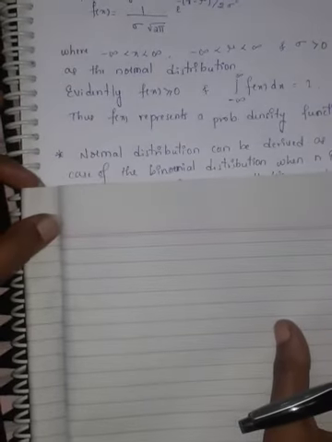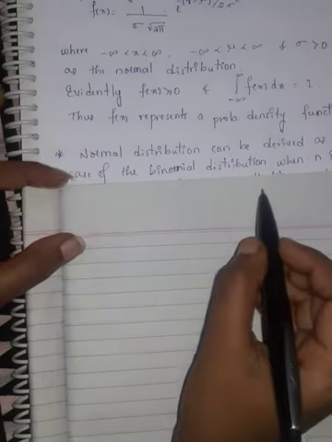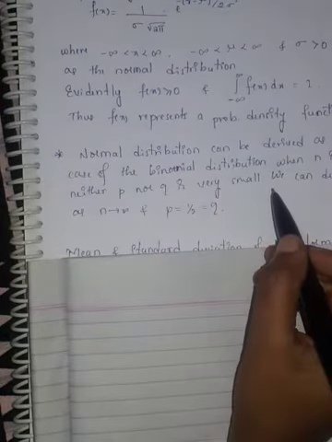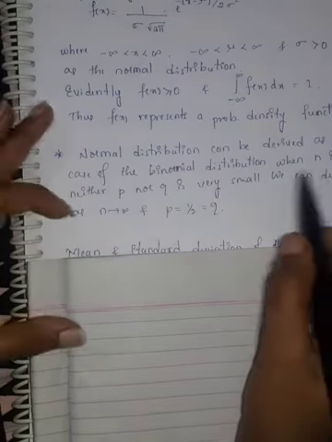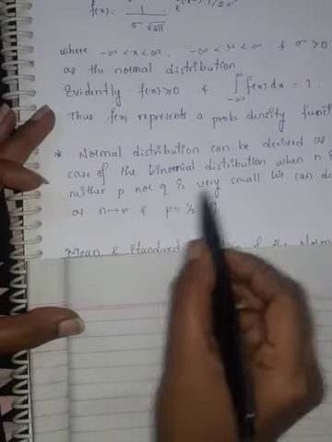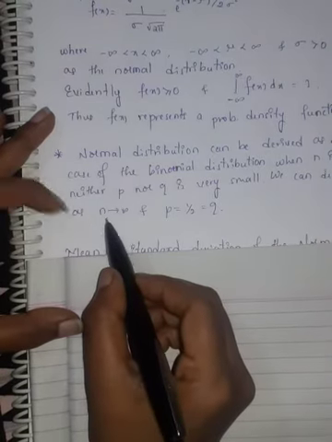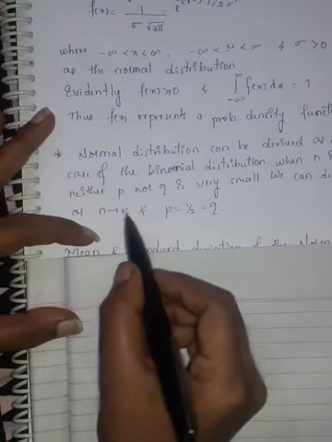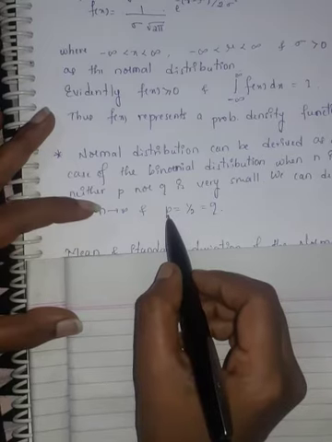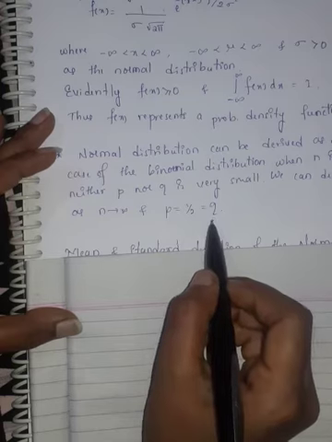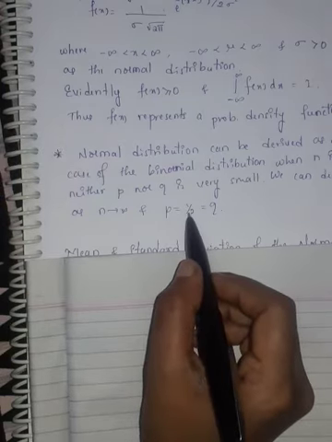Now normal distribution can be derived as a limiting case of binomial distribution, when n is large and neither p nor q is very small. We can derive f of x as n tends to infinity, where small p, the probability of success, and the probability of failure are equal to 1 by 2.